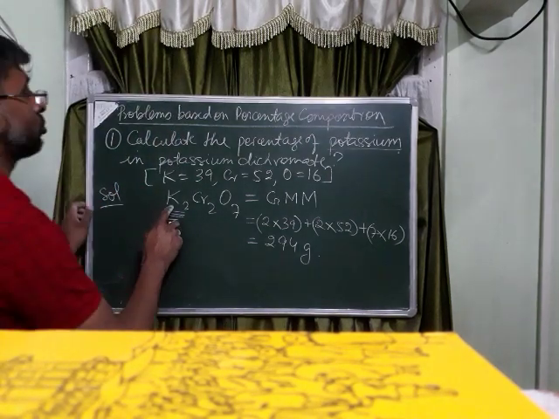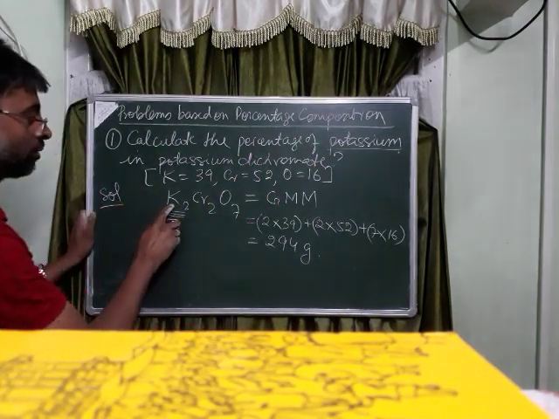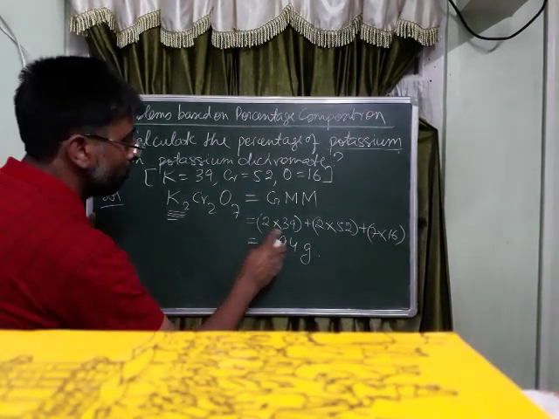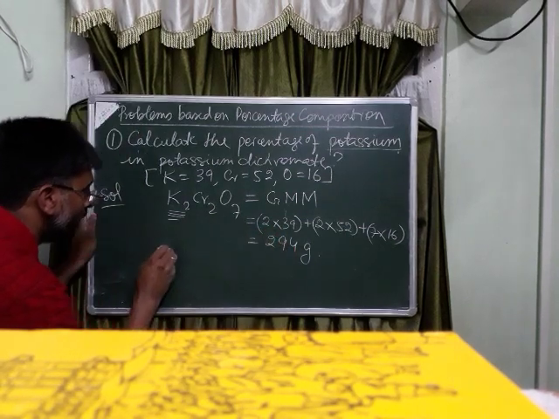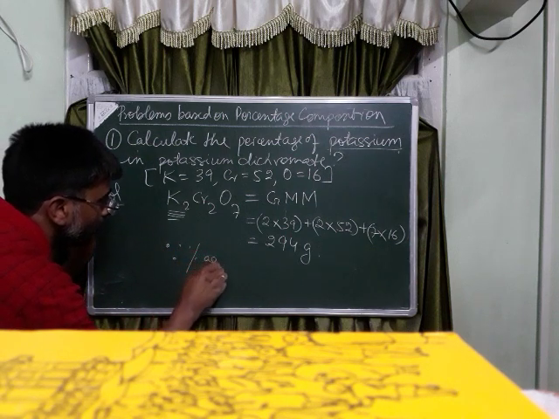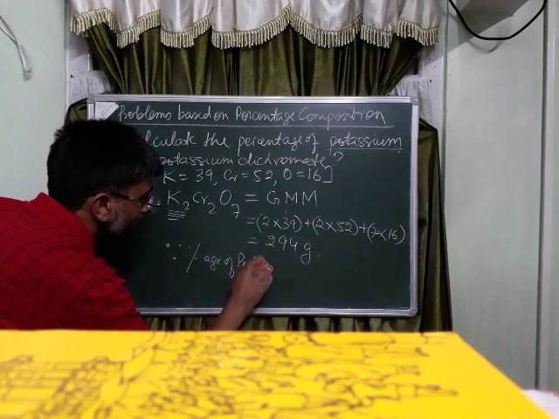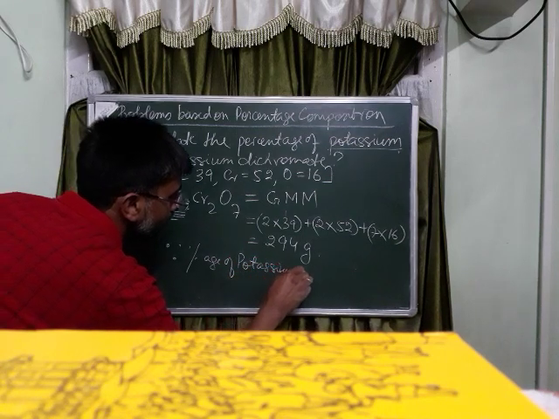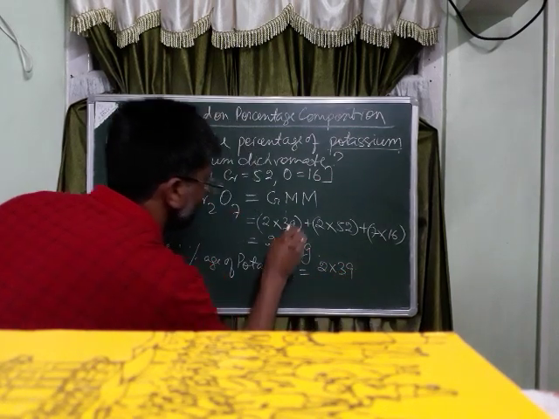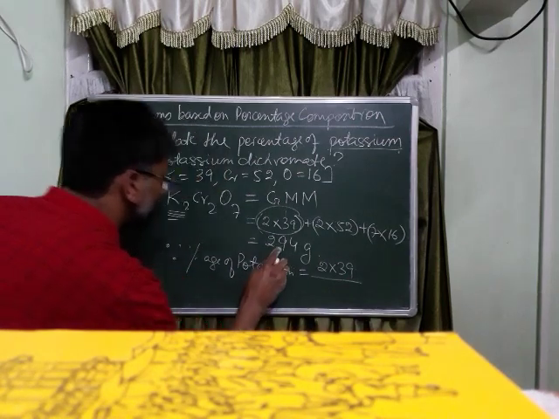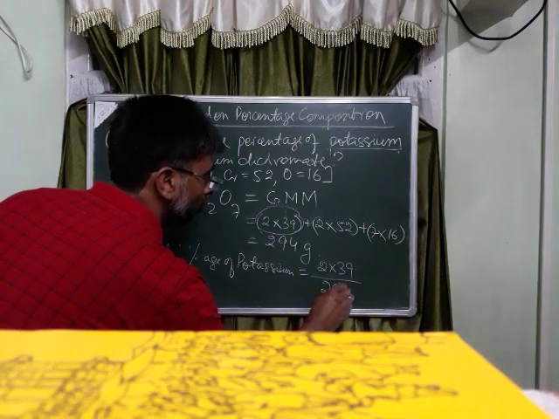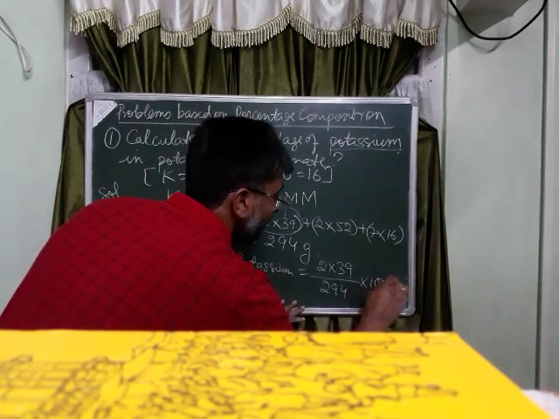Now, they are telling us to calculate the percentage of potassium only. What is the mass of potassium? Twice into 39. That is how much? 78. So, hence, therefore, percentage of potassium will be equal to twice into 39, that is for potassium, divided by total mass over here, that is the gram molecular mass, 294, multiplied by 100%.